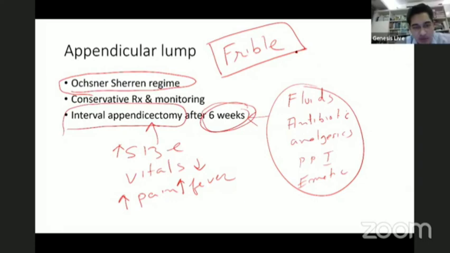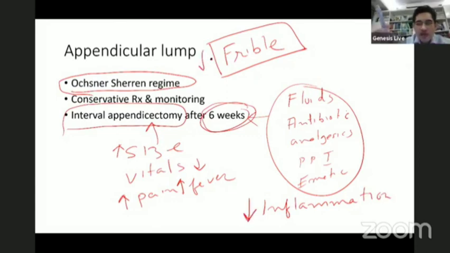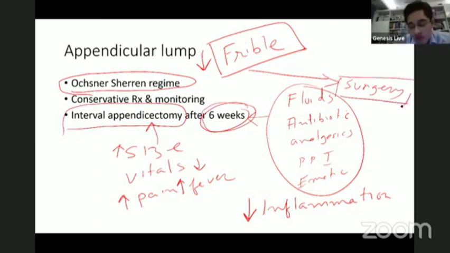You wait for a while. After 6 weeks, the inflammation subsides and tissue becomes less friable. And that is when you do the surgery. The surgery becomes much easier at that time, and you can do it without any injury to the other organs.